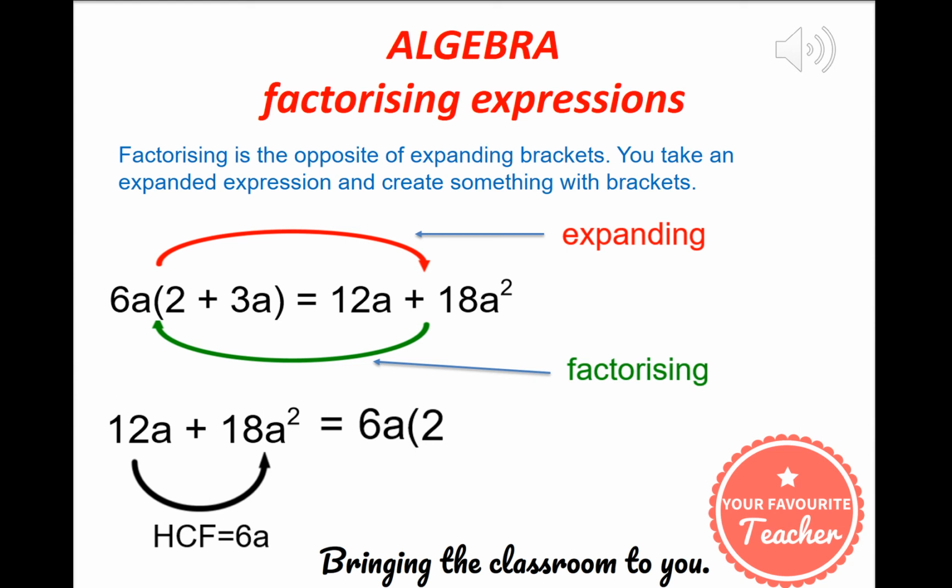And the thing I would need to multiply by 6a is 3a. So therefore, I would get the result I expect. So by factorizing an expression, you were able to put it into smaller numbers that are separated by brackets, and that's what we mean by factorizing.